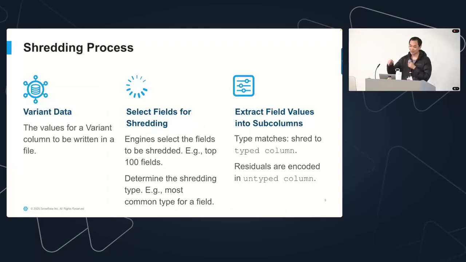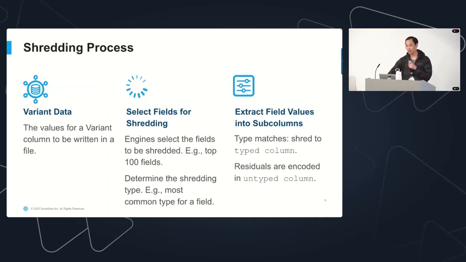Then I put that into the shredded typed string column. With that, if everything is string types, we can collect the min, max, or all those kinds of stats. So it works as a regular column, allowing a lot of optimizations.